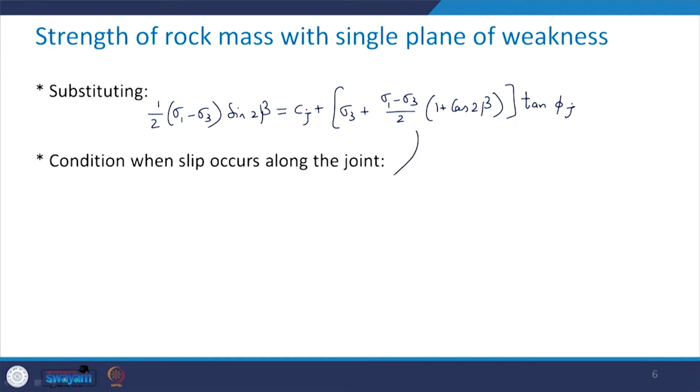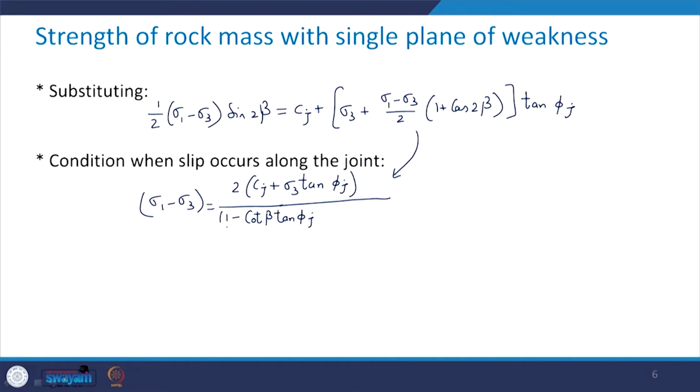If you solve or simplify this, the condition when slip occurs along the joint, you will get sigma 1 minus sigma 3 equal to 2 times (Cj plus sigma 3 tan phi j) divided by (1 minus cot beta times tan phi j), multiplied by sine of 2 beta.